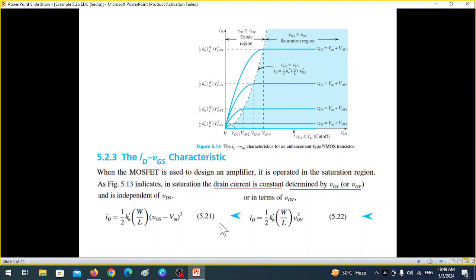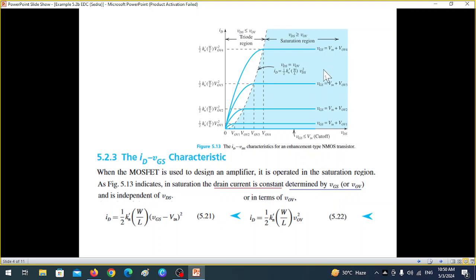Then another thing is that when we are using a MOSFET as an amplifier, it is operated in the saturation region. So for an amplifier, you operate in this region. In saturation, the drain current is constant. We have discussed already that the drain current is constant, and it is determined by VGS.